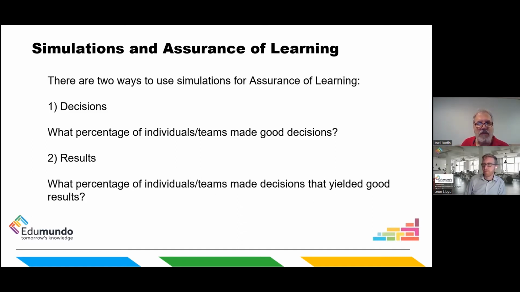You can't really do that with the ProSim thing. That's way too complicated. The decisions are way too interrelated with each other. But you can look at the overall results of the decisions that are made in the operations management simulation that I used. So the results method is the one I would use if I was using the simulation that we purchased from Edumundo, but you can use either one of these.